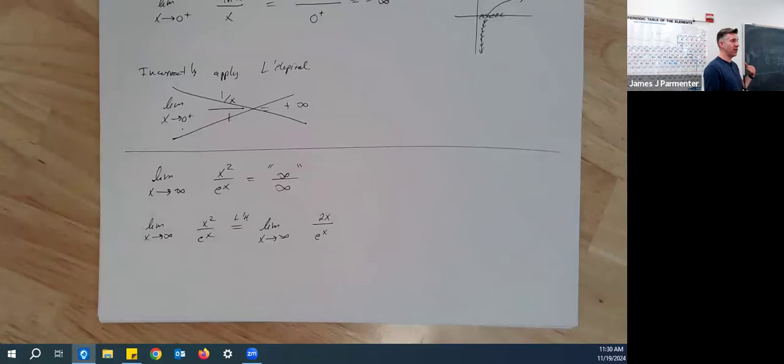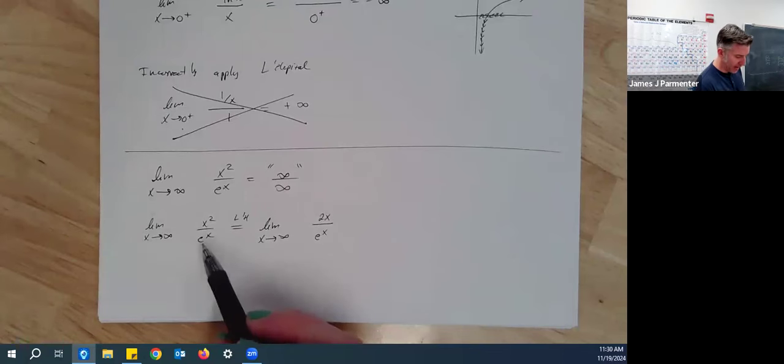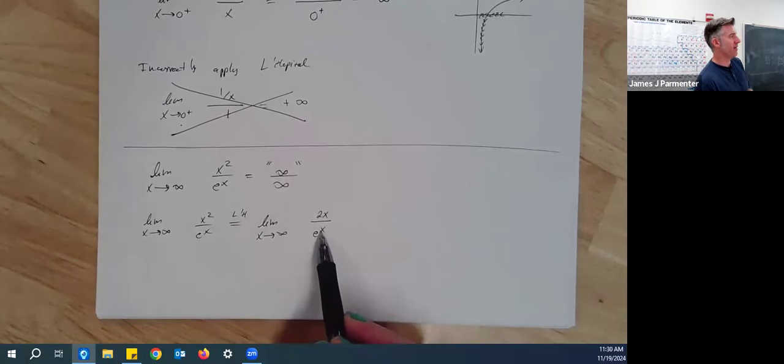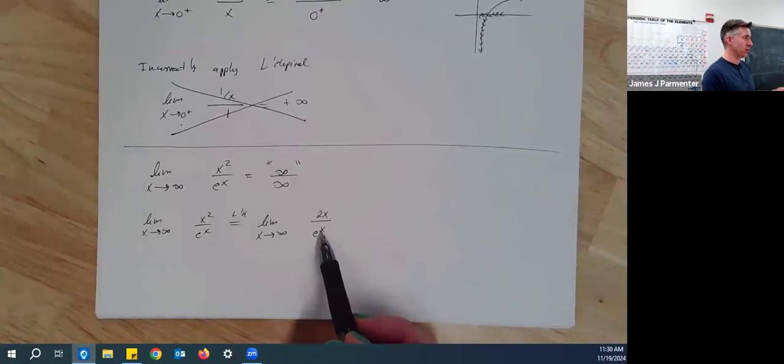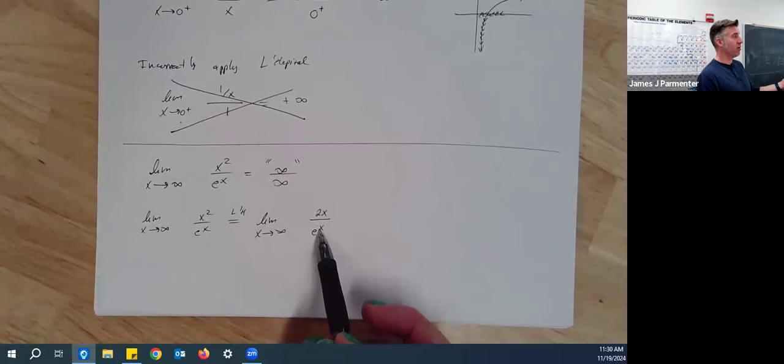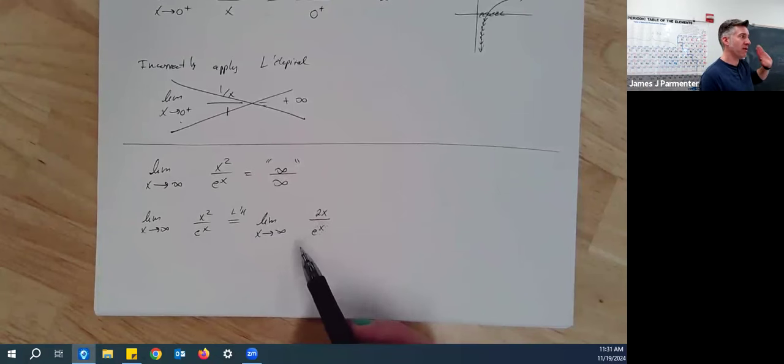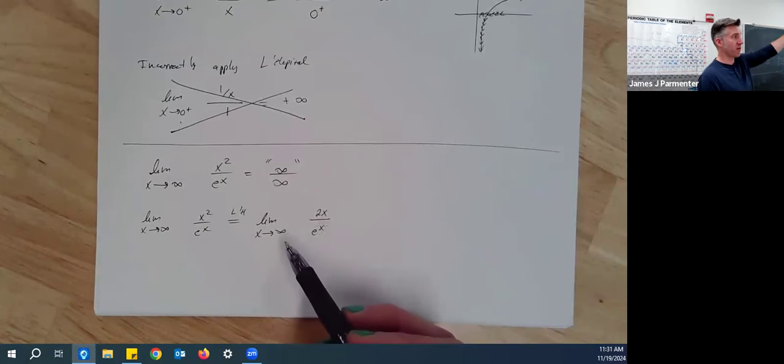Whenever I'm trying to evaluate the limit and I know I'm using L'Hopital's rule, every time directly after I've applied L'Hopital's rule, I think about plugging in whatever x is approaching. And if I get a number, 0 or 5, 23 or negative 17, I stop. That's my answer. But if I don't, if I get some sort of still infinity over infinity or 0 over 0, then I have to use it again.